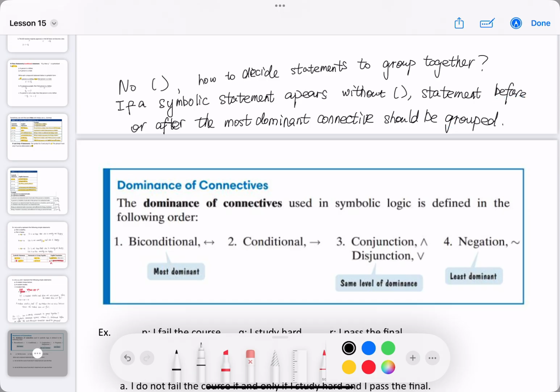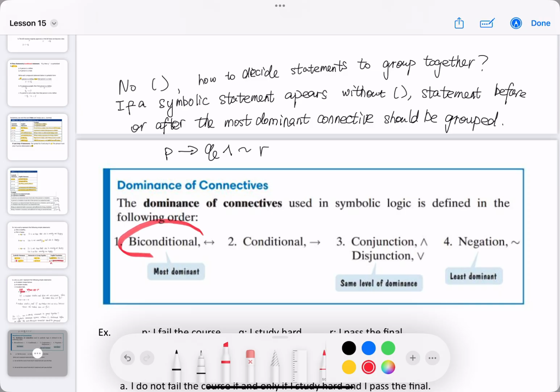Okay, for example, I have P, if P, then Q and not R. So we have a lot of connective symbols. Which part should be grouped? We talked about the dominance of connective.